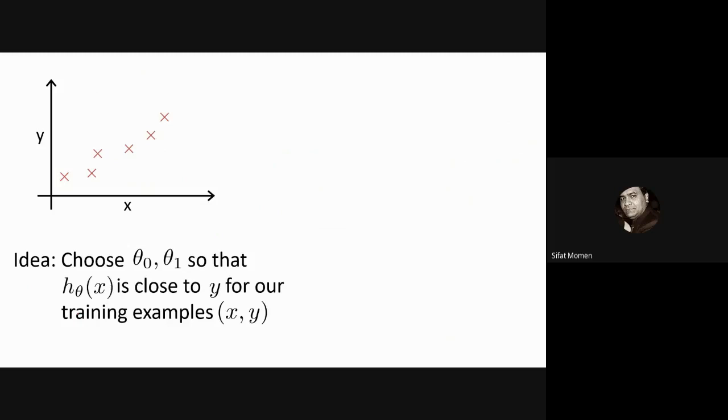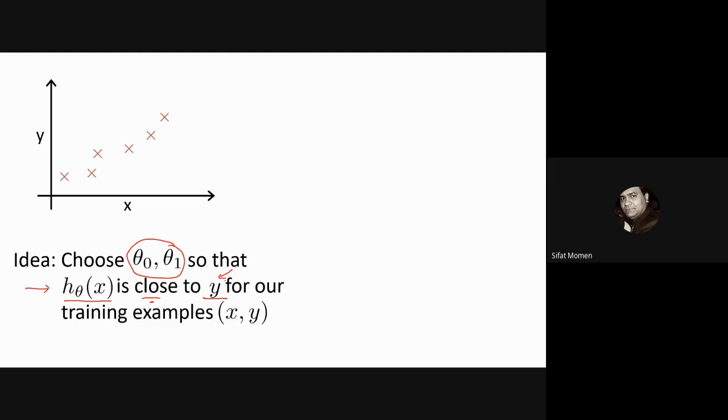I want to find the pair for which the predicted value and the actual value are very, very close. Because if the predicted and actual values are close, what does it mean? It's making a good prediction, isn't it?